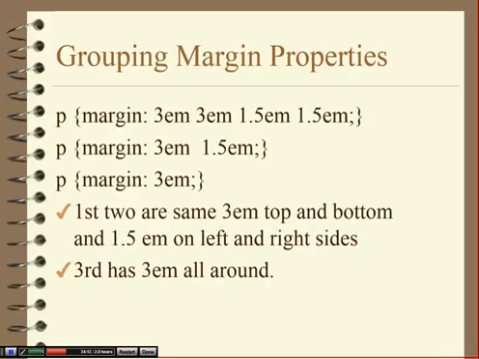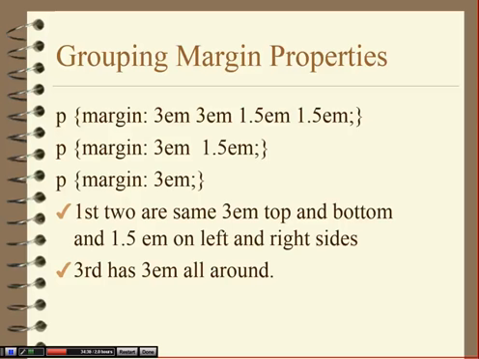So with these margin properties, and then you'll see later you can do the same thing with padding, you can do shorthand. So if I say P margin 3 EM, 3 EM, 1.5, 1.5, or P margin 3 EM, 1.5, that's going to basically be, these first two are the same.